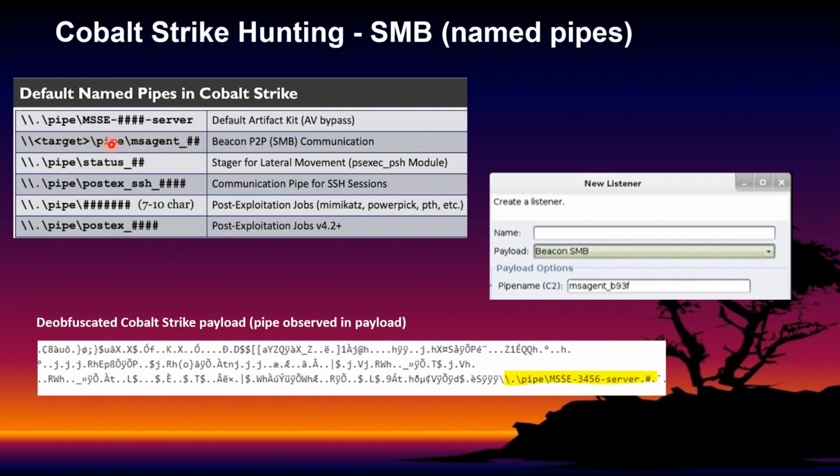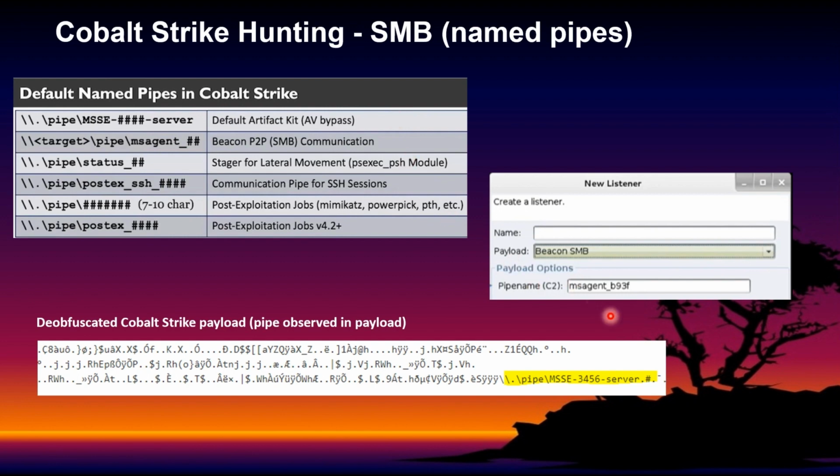For example, if there is a pipe status and something here, it's a stager for lateral movement. If there is a pipe from 7 to 10 characters, it means that it's a post-exploitation job, Mimikatz, PowerPick or whatever, or the default artifact kit. If we see this, it is most commonly used for antivirus bypass.